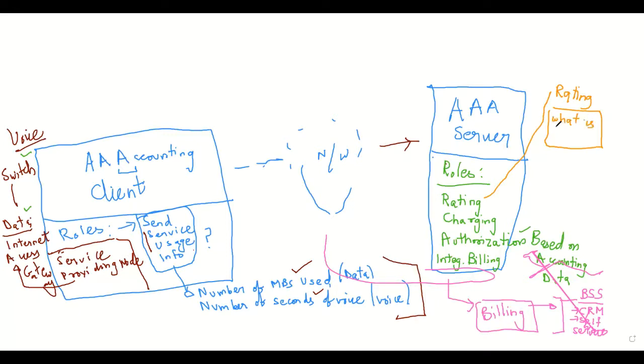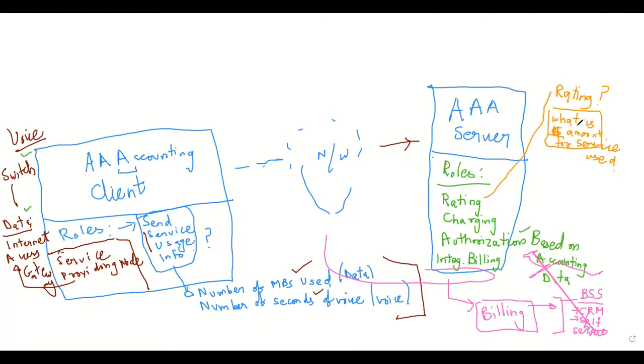What is the monetary amount that I need to deduct against the amount of service that is used? What is the dollar amount, right? The dollar amount for service used. All right. So that is the question of rating. This is what rating answers.